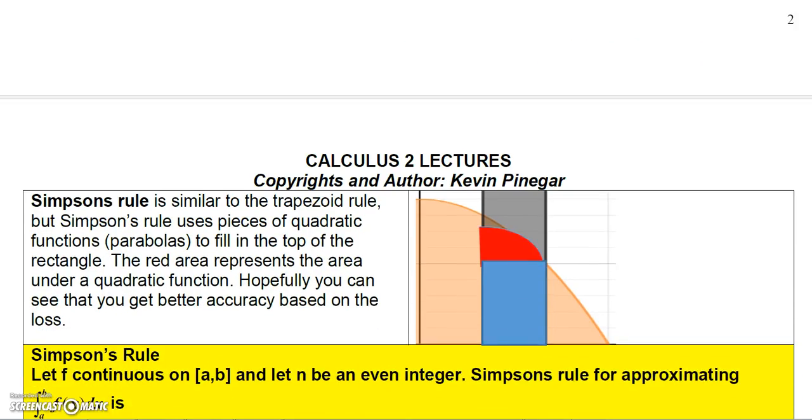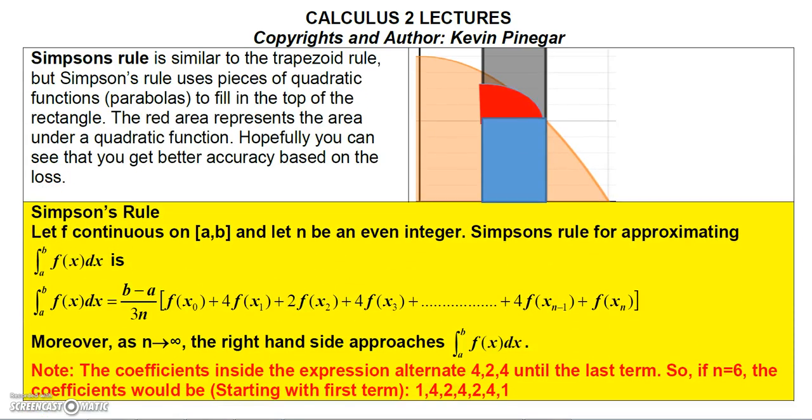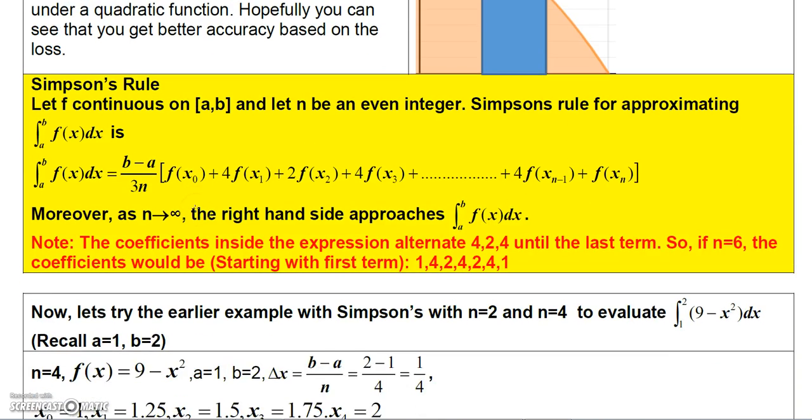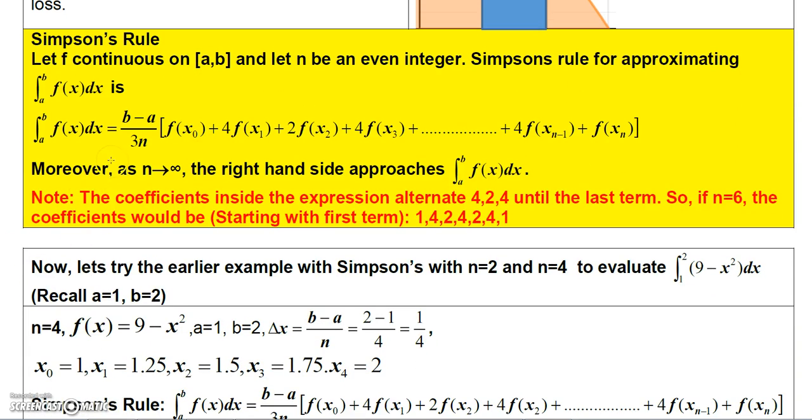Okay, now Simpson's rule, instead of doing rectangles or trapezoids, tries to fit little curves. So I won't worry about trying to explain how it's developed. But here is Simpson's rule. You multiply by b minus a over 3n, and then you have f of x naught, and then 4f of x1, then plus 2f of x2, plus 4f of x3, and so forth.